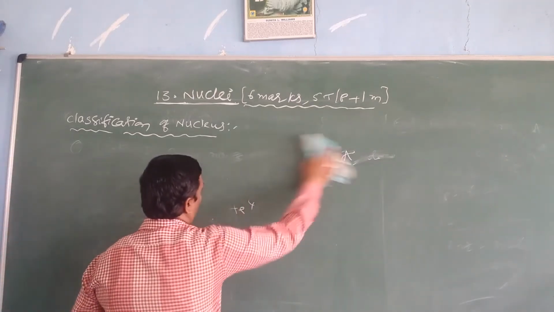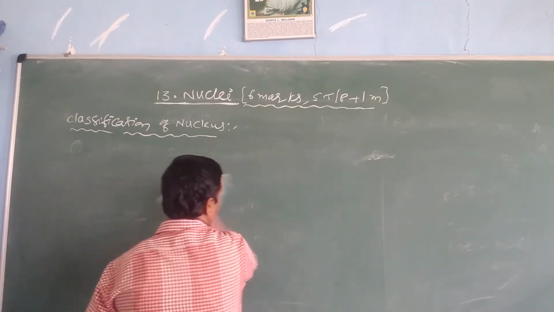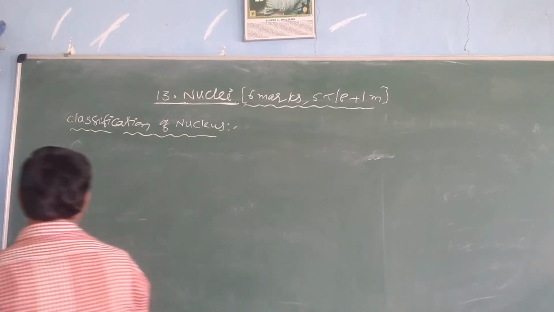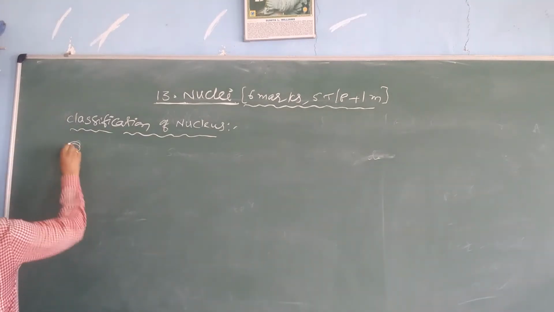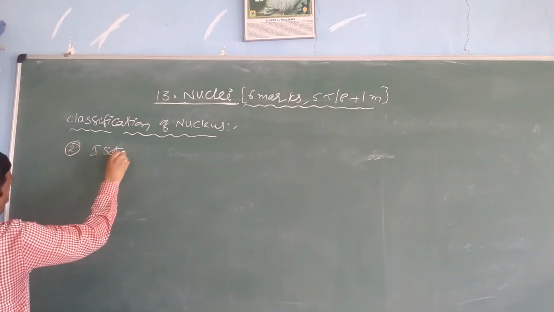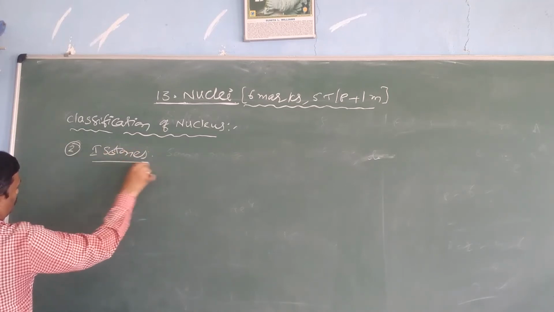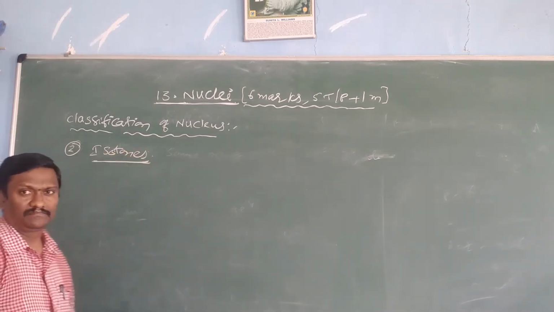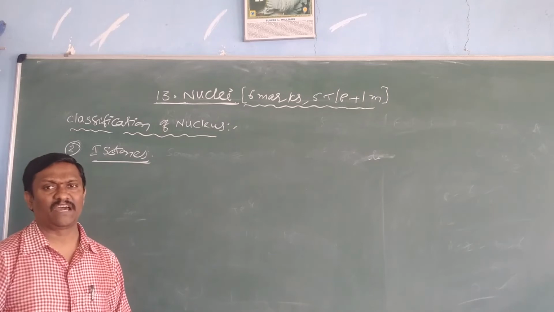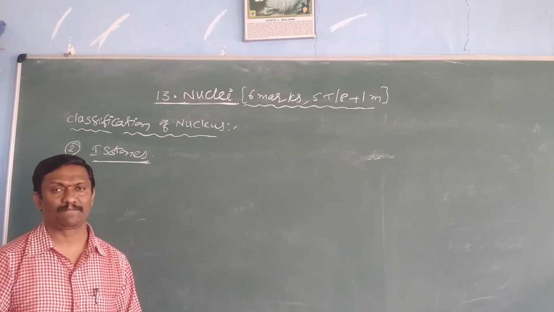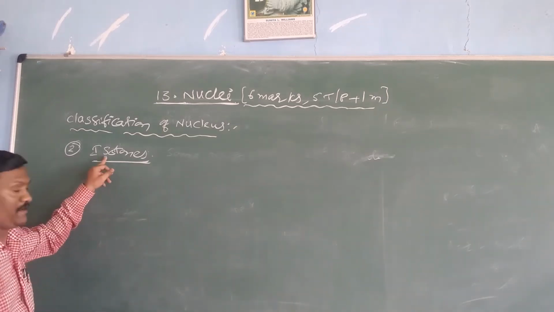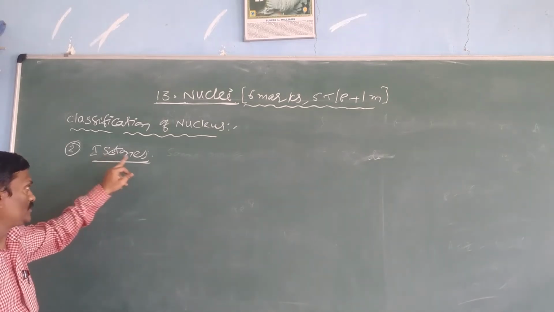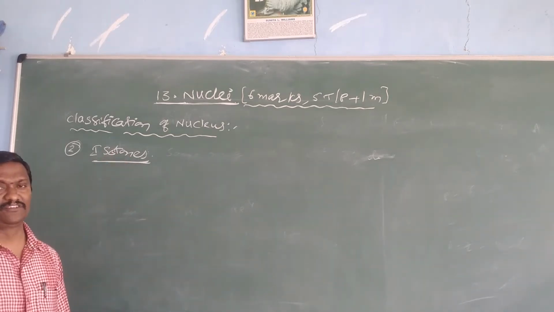Next, the second kind of classification is isotones. Here also iso means same, and tones refers to the number of neutrons.